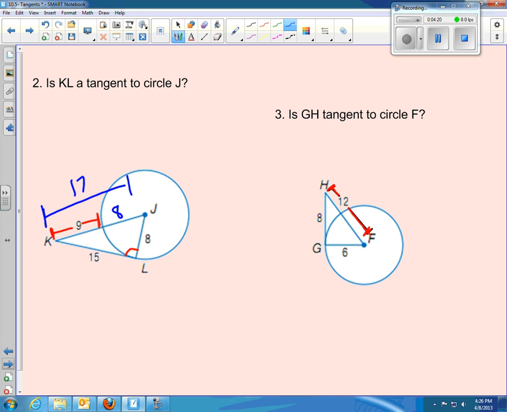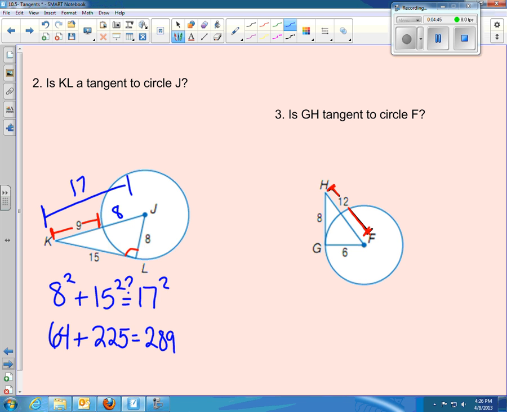So now we just want to see, is it a right triangle? So we take our leg squared plus our other leg squared, and we want to know, is it equal to 17 squared? All right, go ahead. 8 squared, we get 64. 15 squared gives us 225. 17 squared is 289.